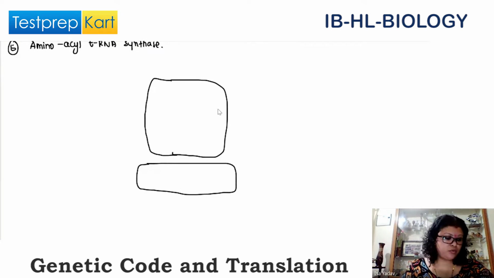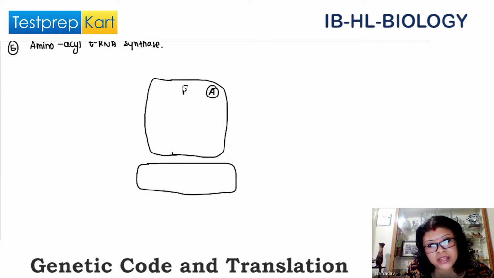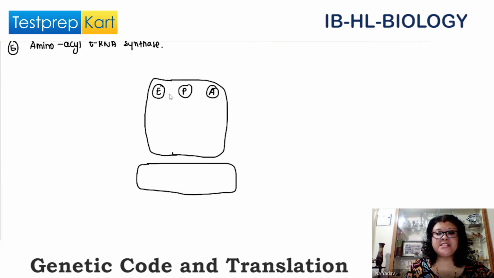Larger subunit. All right. So the ribosome will have an A site, a P site, and an E site. A site, P site, and E site.